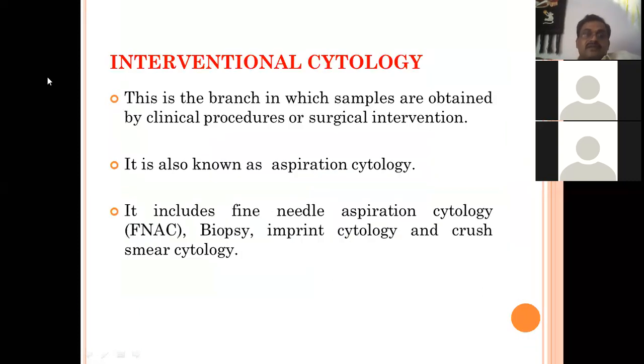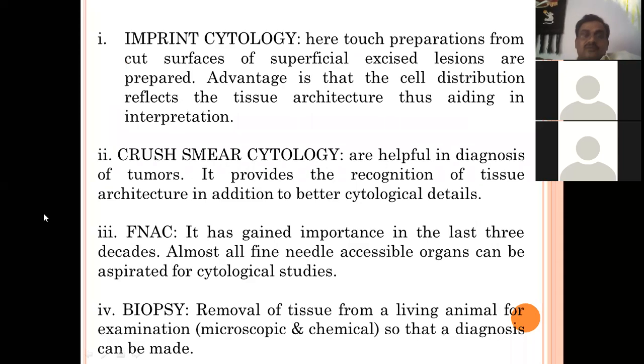Next is aspiration cytology or interventional cytology. Here, as I was telling, some clinical or surgical intervention is required, and in this procedure, usually fine needle aspiration cytology, biopsy, imprint cytology, and crush smear cytology are done. There can be others, but these four are usually important: FNAC, biopsy, imprint cytology, and crush smear cytology. First of all, imprint cytology.